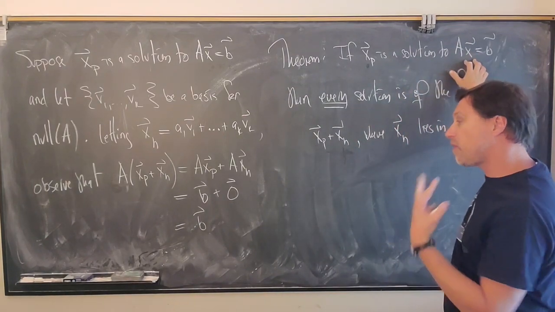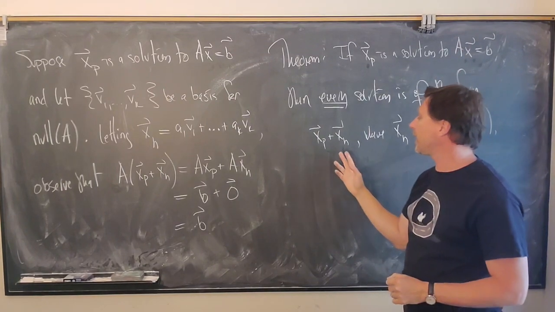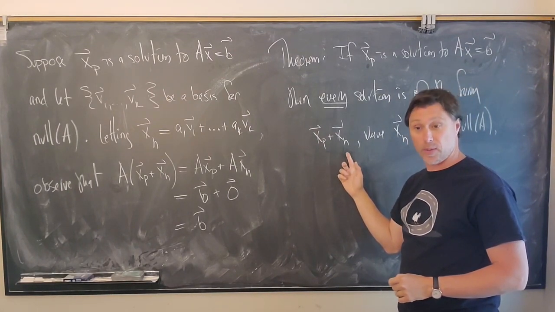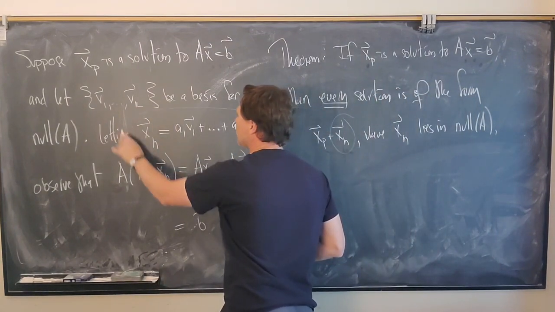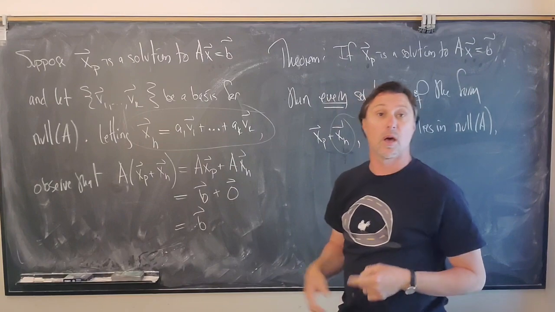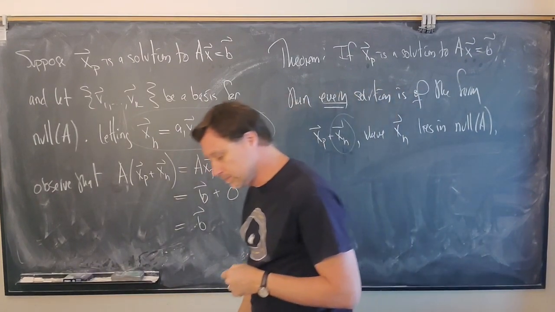This tells us why we might care about finding a basis for the null space, because that allows us to tell exactly what all the X sub H's look like. They look like linear combinations of the basis for the null space.